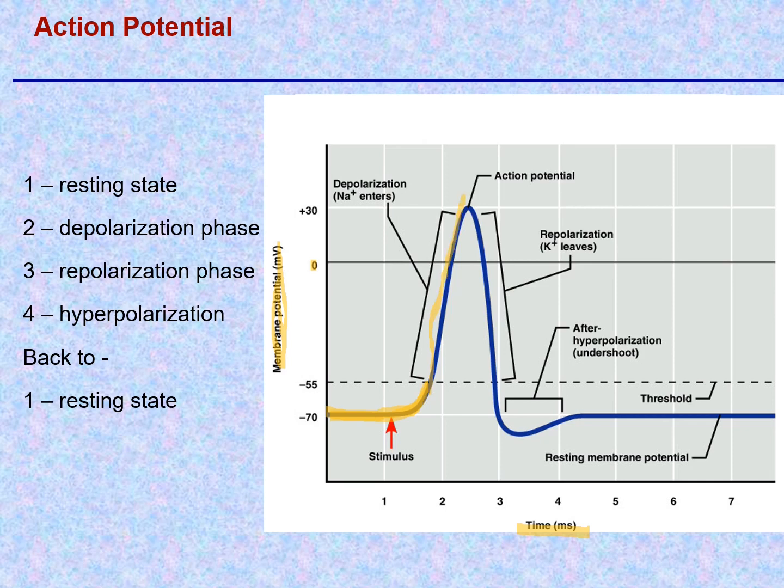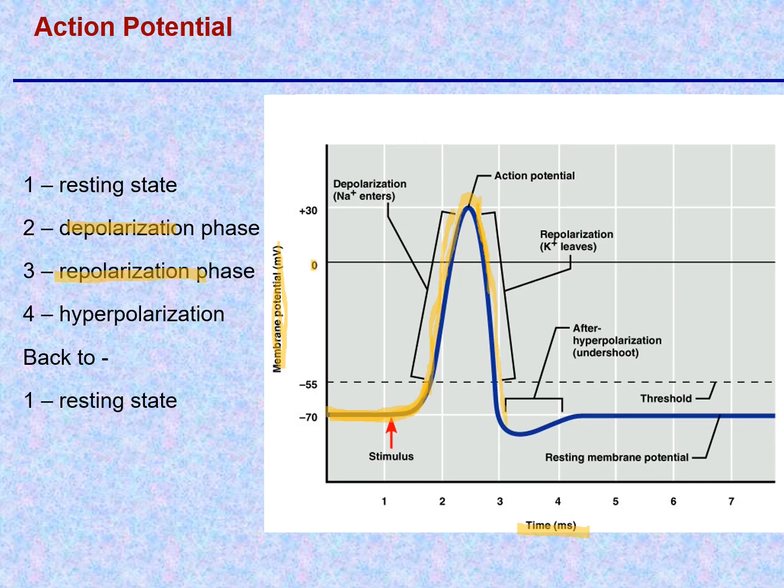Then sodium inactivation gates close and sodium permeability drops, but potassium permeability rises, so potassium is rushing out, and that's the repolarization phase. Here is the depolarizing, the rising. Here is the depolarizing phase. So now we're in the repolarizing phase, and it goes down.